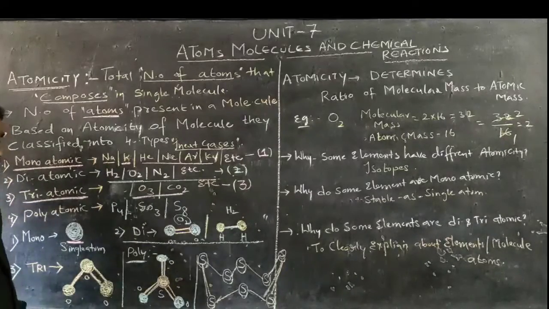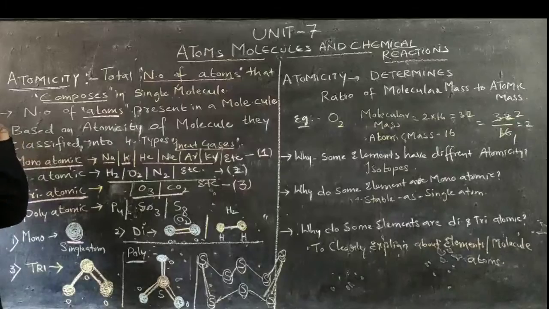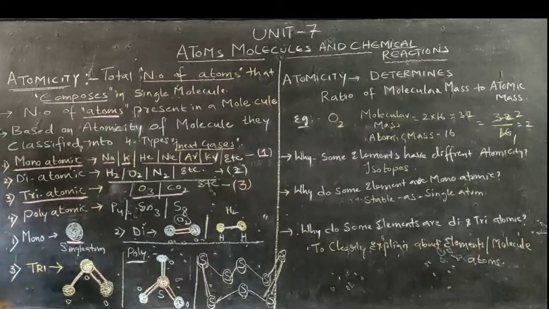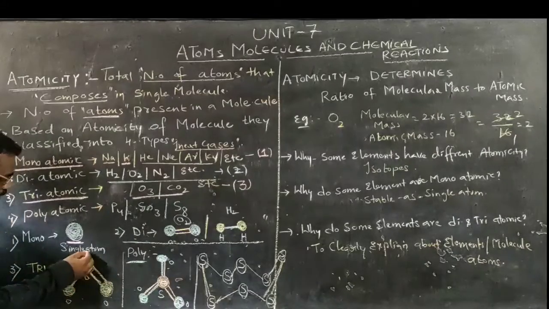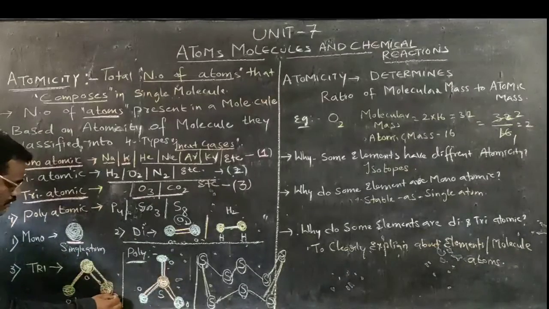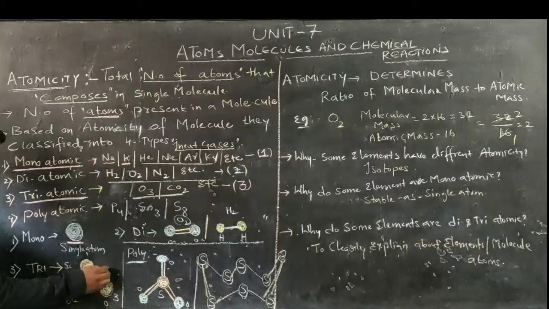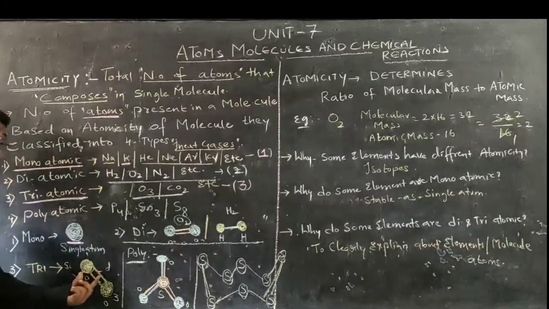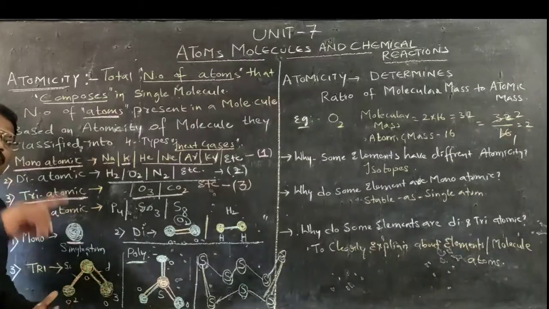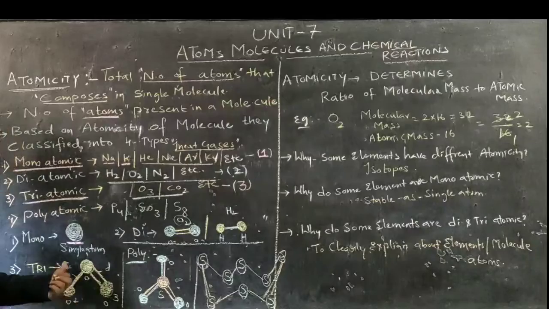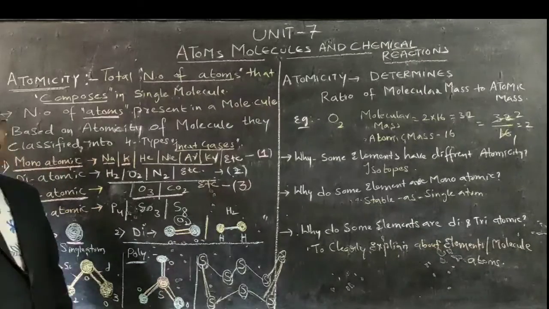See here the structure of ozone: 1 oxygen atom, 2 oxygen atoms, 3 oxygen atoms. Here it has a single bond, here a double bond. I will explain single and double bonds in higher classes, but it has 3 atoms, therefore it is called a triatomic molecule.